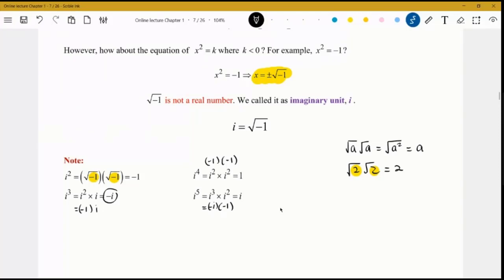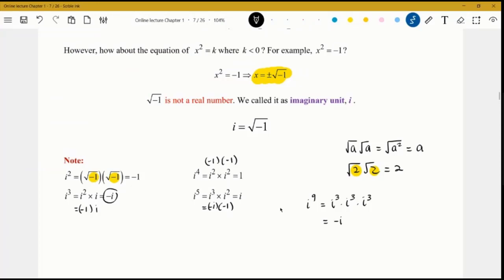Okay, let's say if you want to find i to the power of 9, we can split it to be i power of 3, i power of 3, i power of 3. So kalau power ni tambah, dia akan dapat 6, dapat 9. 3, 6, 9. Okay, so i cube kita tahu dia adalah negative i.